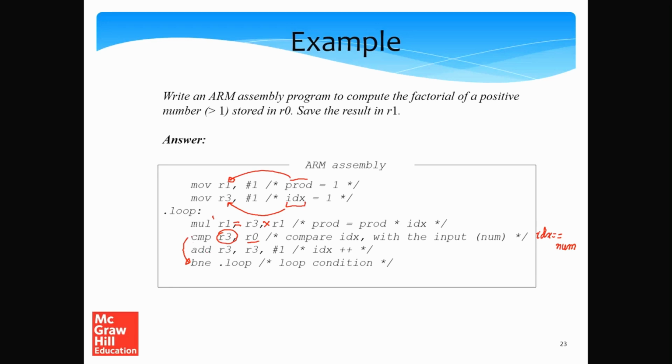So we'll only use the result of this comparison, and if it indicates that the index is not equal to the number, then we need to go back to .loop once again and loop one more time. Otherwise, if we have reached the end of the iterations, when index becomes equal to the original number stored in R0, we can exit and the product is stored in R1.